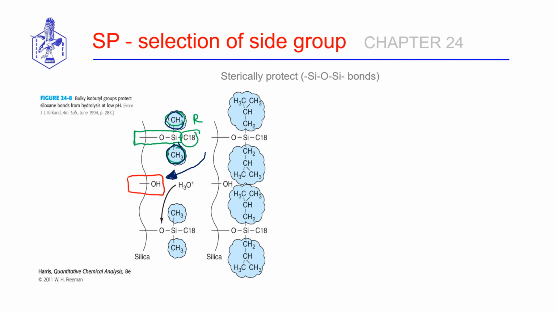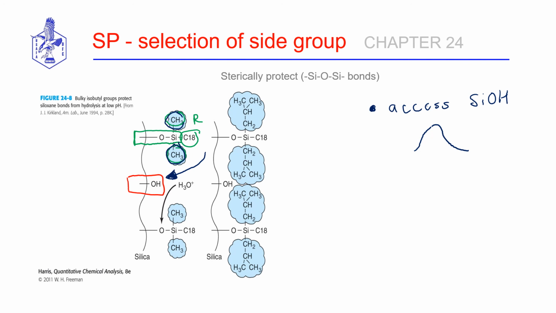Once again, the disadvantage to that is if we are trying to separate a sample mixture in which there's pharmaceuticals or other types of molecules that have a basic functionality, they're going to tend to get hung up on those silanol sites and result in peak tailing. So that's one disadvantage to using the smaller side groups.